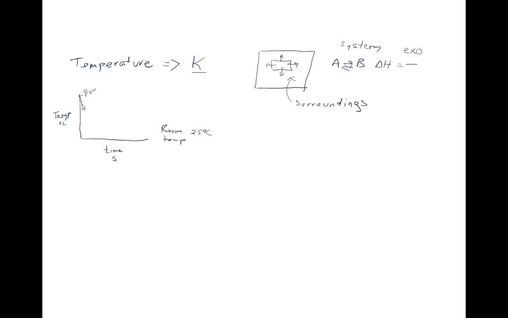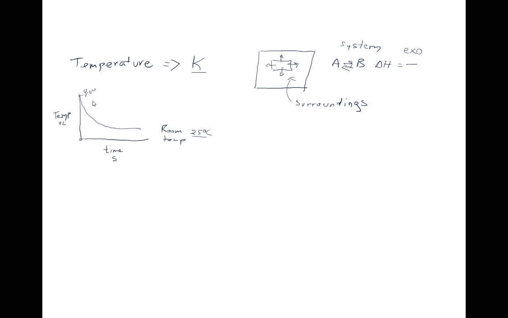Well, hopefully you said it would be a curved line, like so. And if this was 0 degrees, we would never reach 0 degrees, right? Because room temperature is 25. Now the question is, why is it steeper up here and it flattens out here? Well, the water up here has a higher kinetic energy. It has more energy in it. The molecules are moving much faster because we are at a higher temperature.